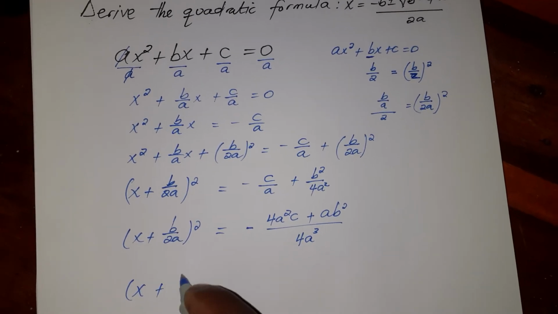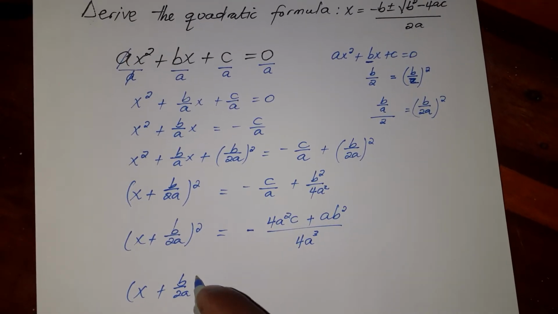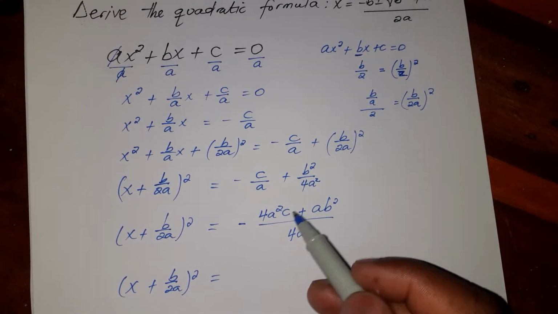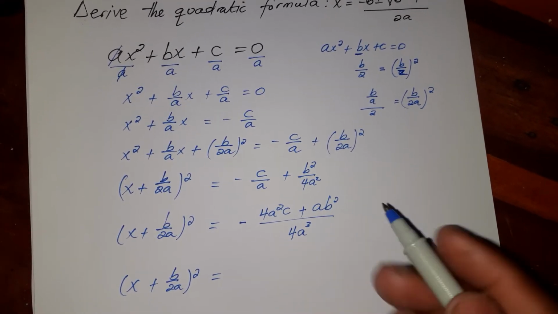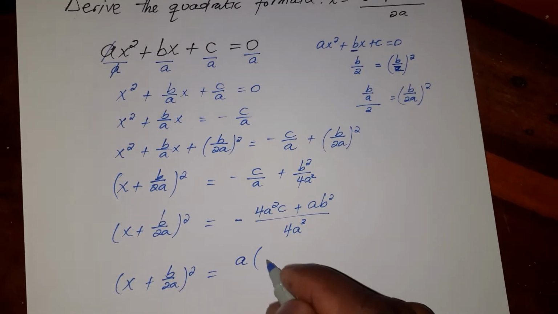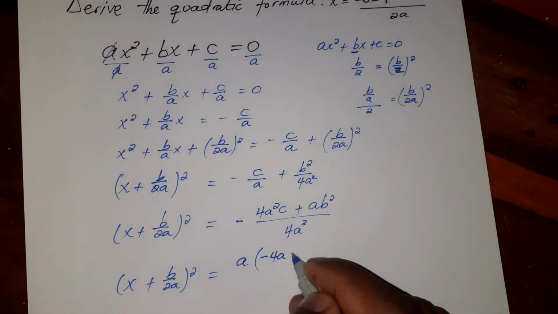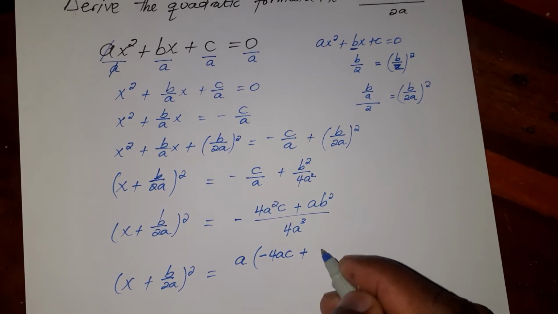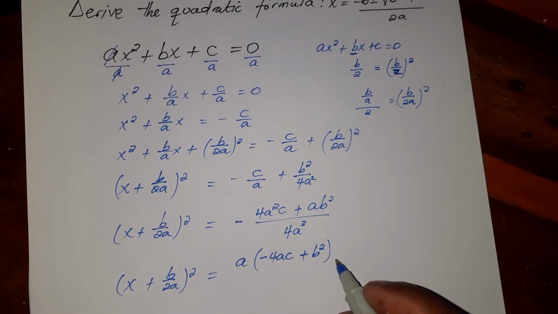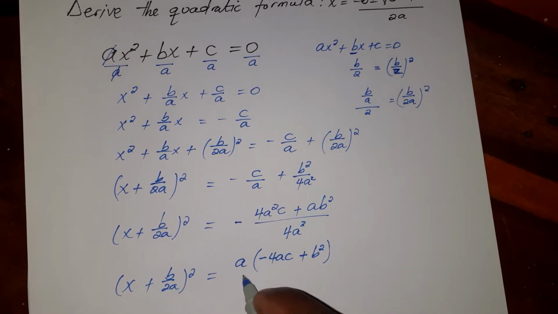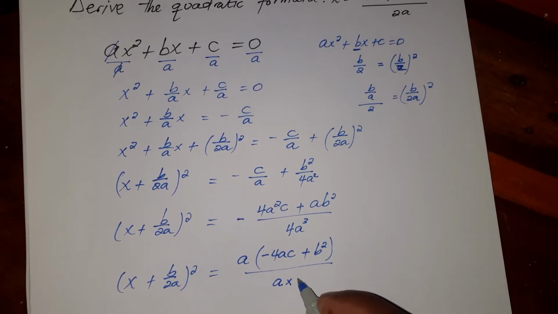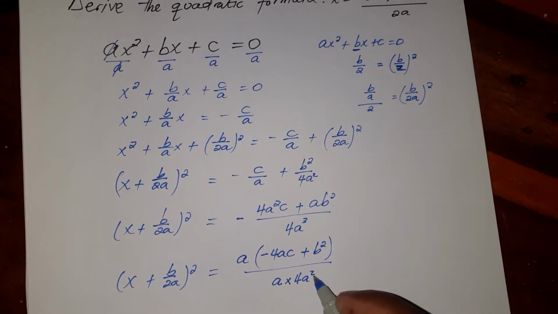Then x plus b over 2a squared equals, we can see that the common factor is a. Then we can write minus 4ac plus b squared, over a times 4a squared.